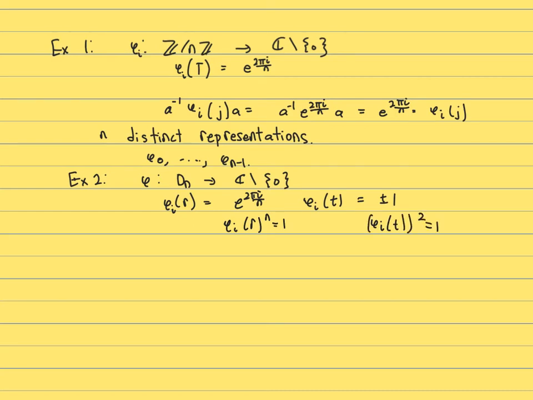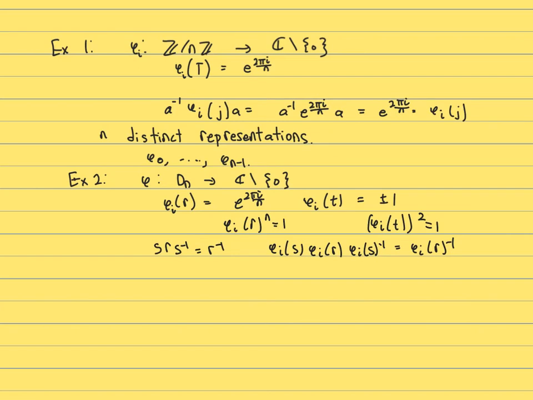But we know there's still one other relationship for the dihedral group. And we got it's s r s inverse is equal to r inverse. So that means we're going to want phi of s, phi of r, phi of s inverse to be equal to phi of r inverse.